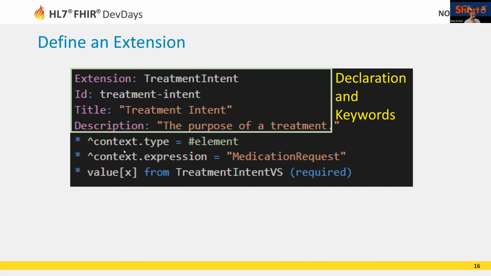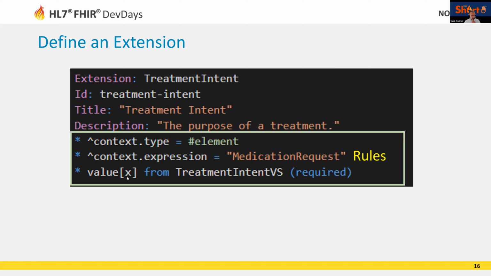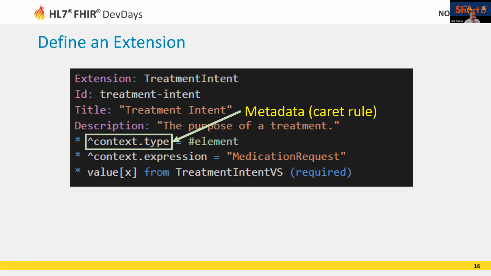And treatment intent has just 3 rules. I'll introduce one new construct here, and this is the caret rule. A caret rule, you'll notice, has this little uptick arrow, and that's a way that you set metadata. In this case, the metadata appears in the structure definition for the extension.